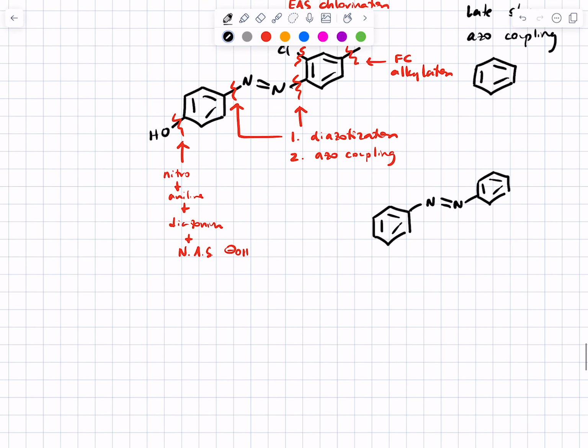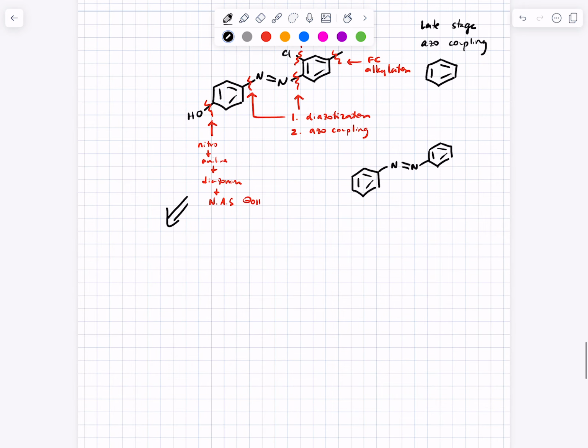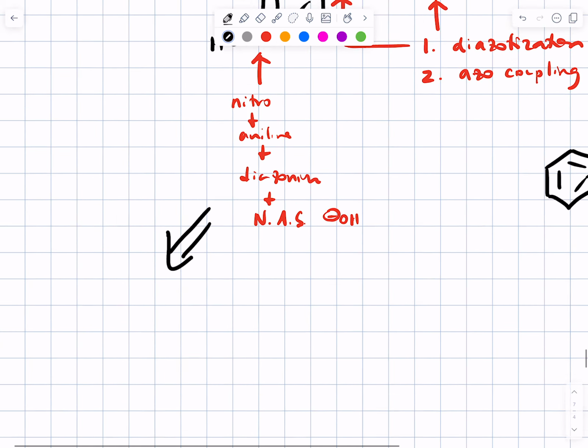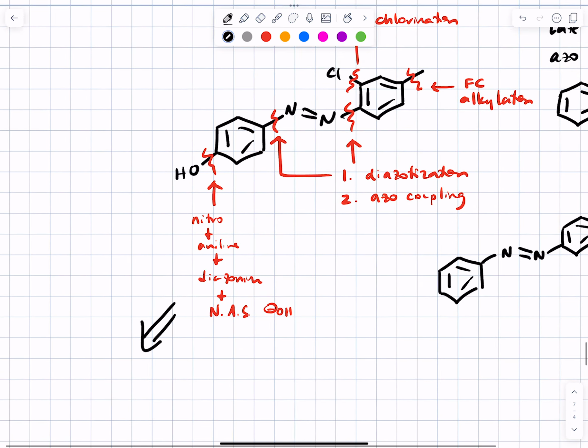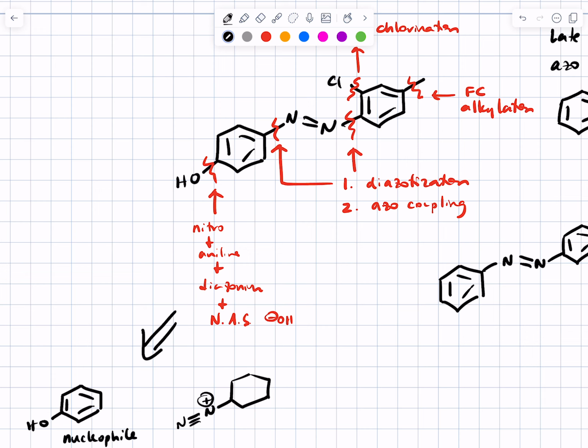So if we think about that, then our first step backwards in the retrosynthesis is going to be one of two possibilities. We could use this as the nucleophile in the azo coupling reaction, which would leave this as the electrophile.